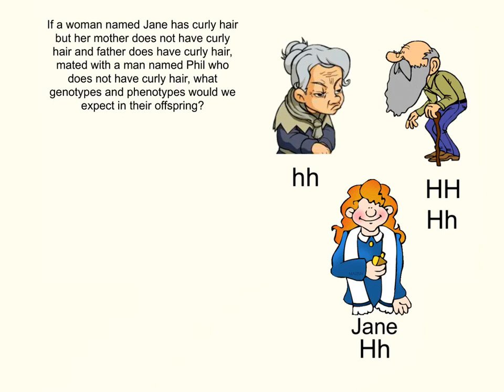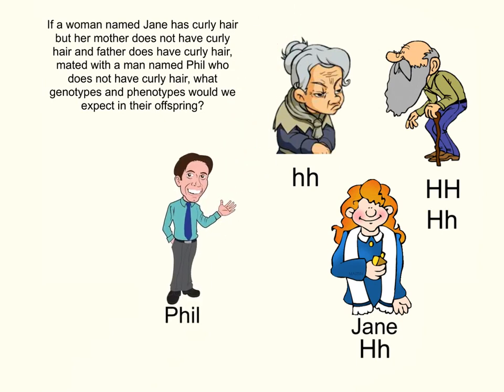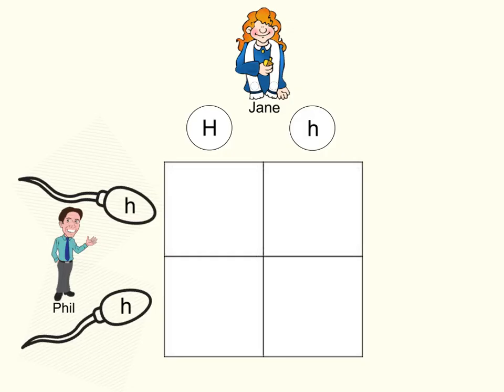It's a little easier to predict Phil's genotype. Because he does not have curly hair, we know that he must be homozygous recessive, which means little h, little h. To find out what to expect in the genotype and phenotype of their offspring, we just need to do a simple cross. Because we know that Jane is heterozygous and Phil is homozygous recessive, we can tell exactly what alleles they'll contribute.